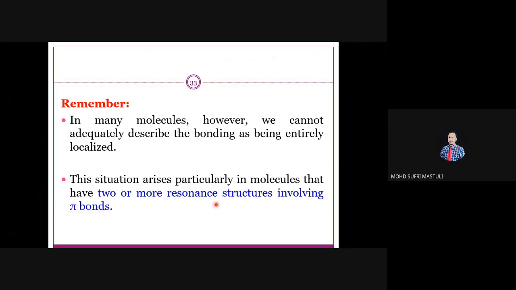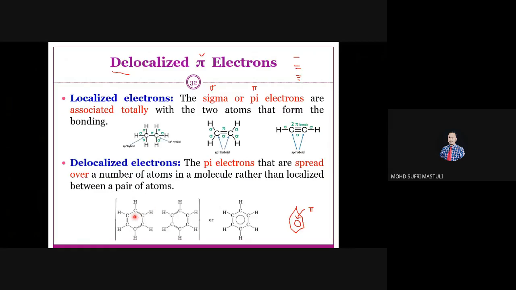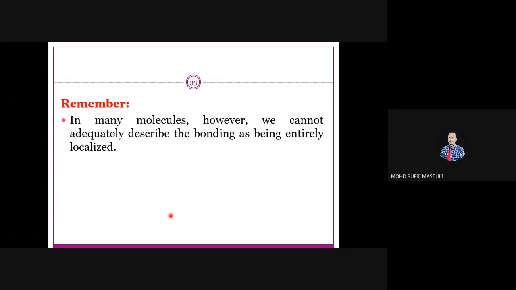Resonance structure means that the molecule can have more than one structure. This structure can be drawn like this in another structure, but they are the same. This is benzene, this is also benzene. So this is the resonance structure of benzene. It consists of one or more resonance structures.